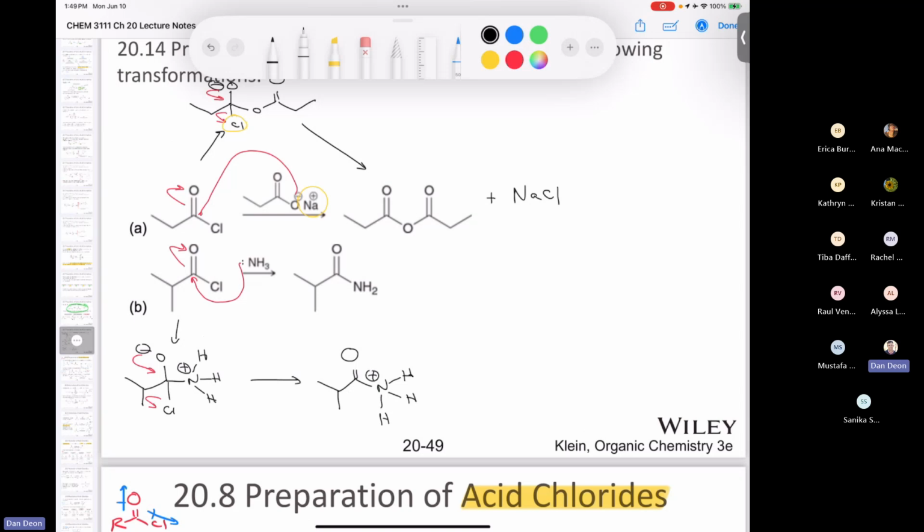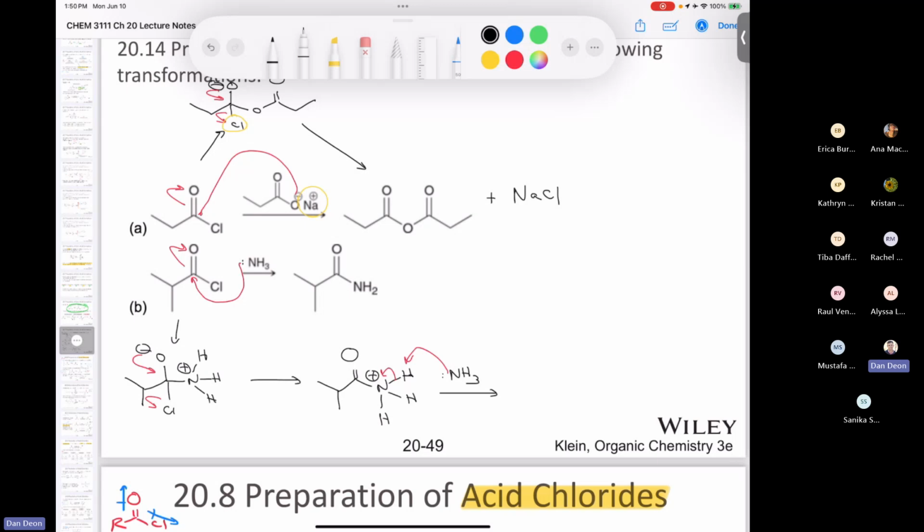And now we have our chloride ion, and the chloride ion could pick up this proton to make HCl, but it's not as strong a base as ammonia. Ammonia is a stronger base, and remember, we're doing this in excess ammonia. So the ammonia is going to pick up the proton like this, because ammonia is a good base.